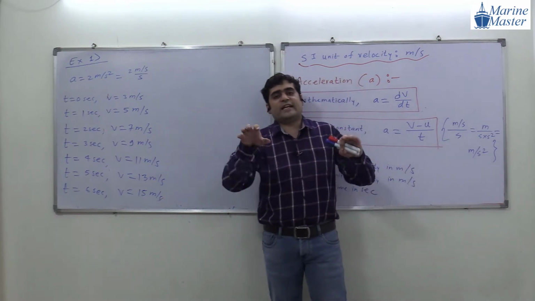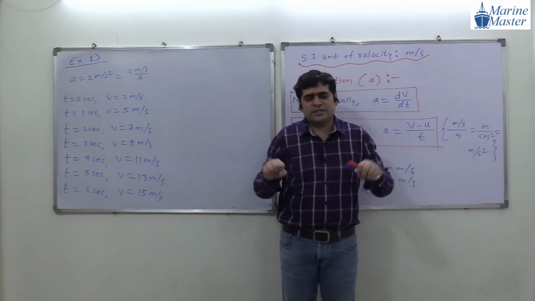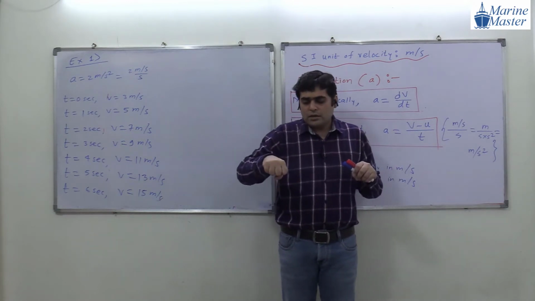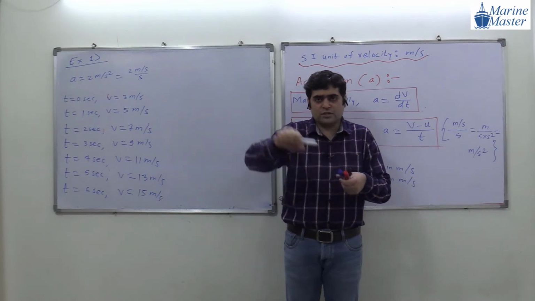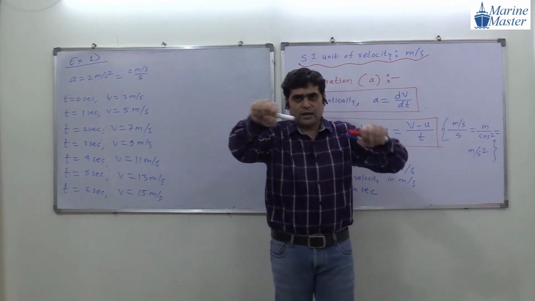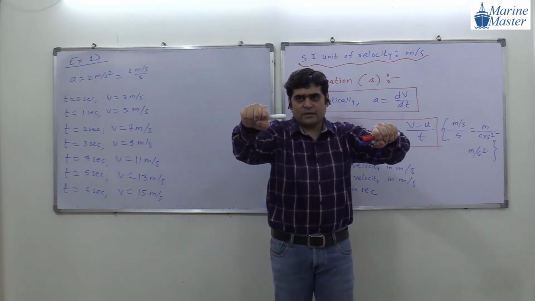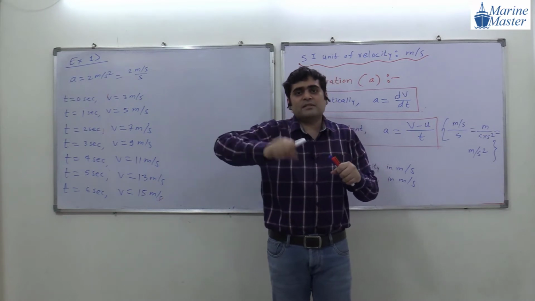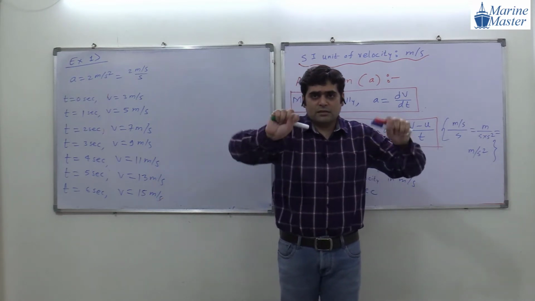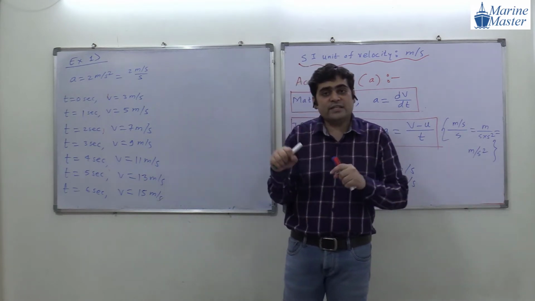Just take an example of a bike. Suppose my hand is the bike's accelerator handle. Some people twist it like vroom vroom, and in that scenario acceleration is not constant.